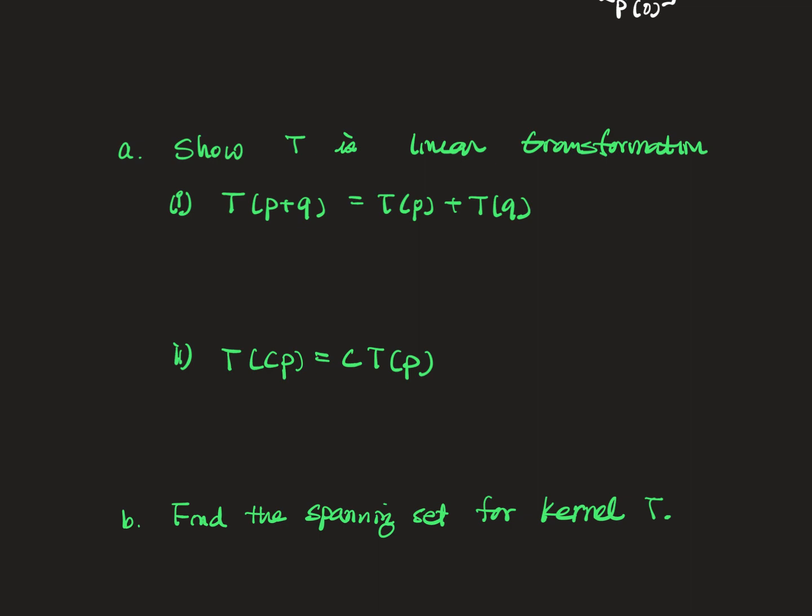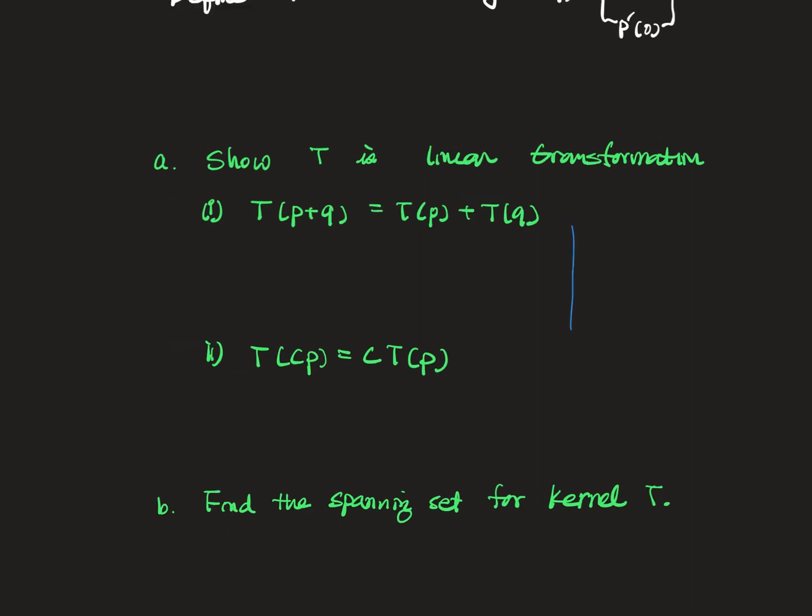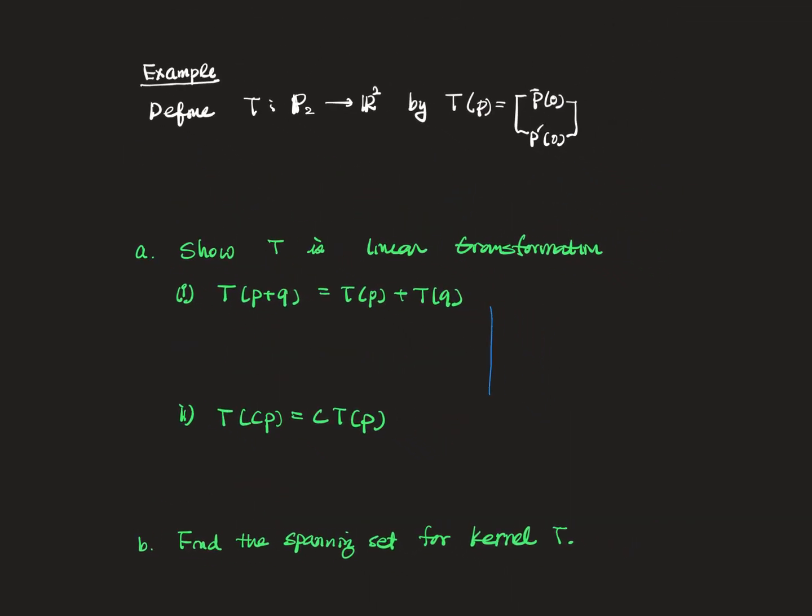All right, I'm going to do this example so we can practice how to show a linear transformation. I'm going to define P as a polynomial of degree 2, guys.